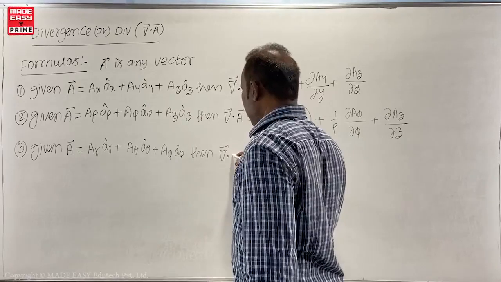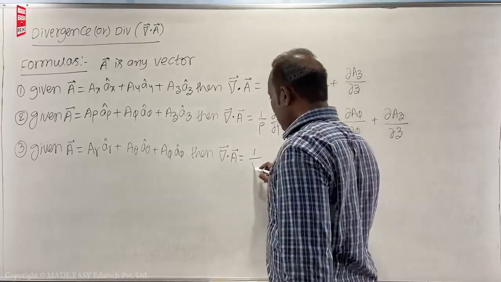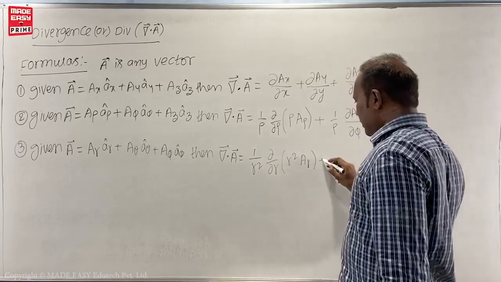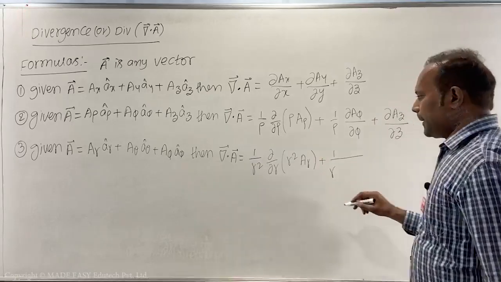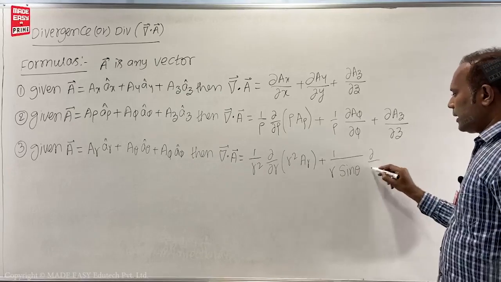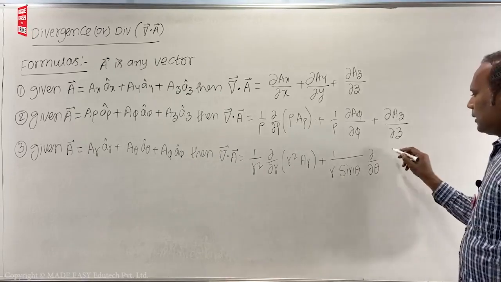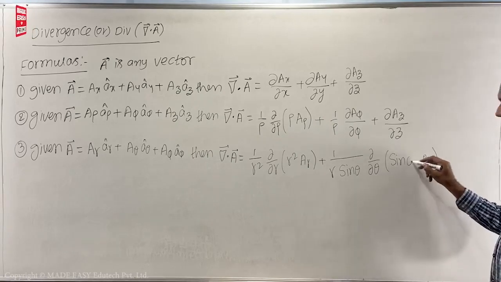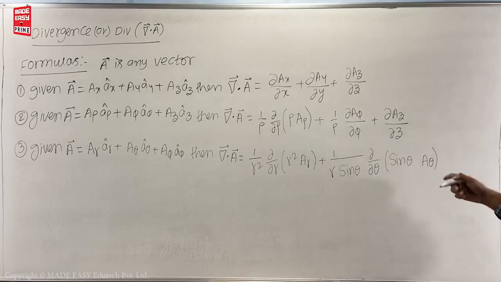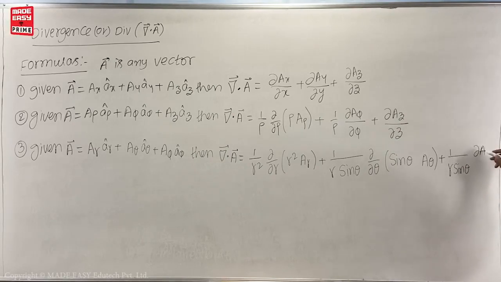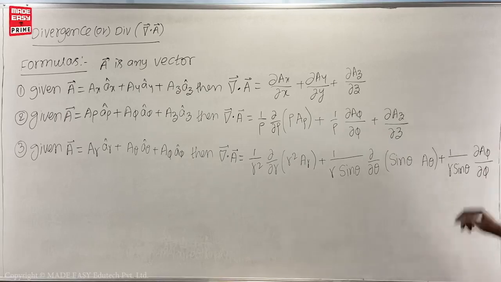Then divergence of A bar is equal to 1 by R square dou by dou R of R square AR plus 1 by R sin theta dou by dou theta of sin theta A theta, that means you take the theta component, multiply with sin theta, then partially differentiate with theta. Then plus 1 by R sin theta dou A phi divided by dou phi.